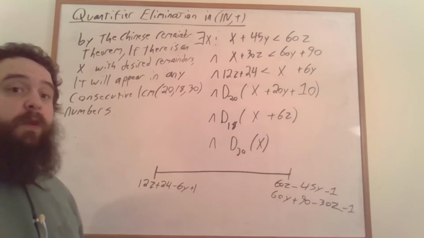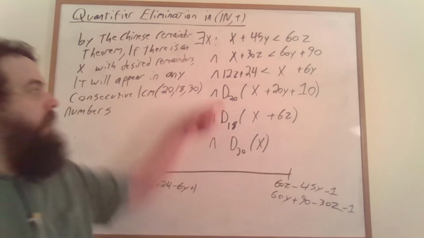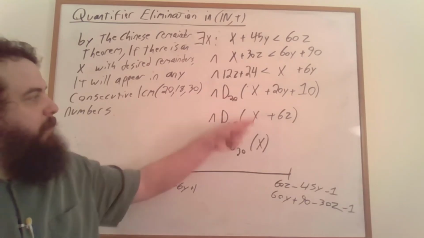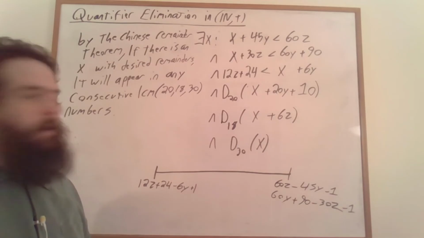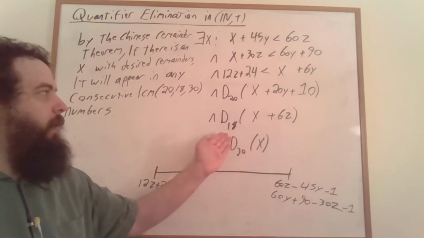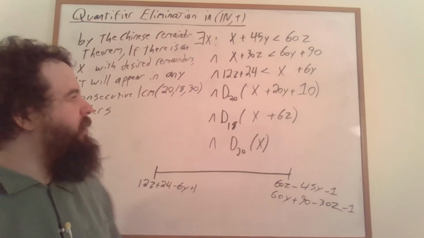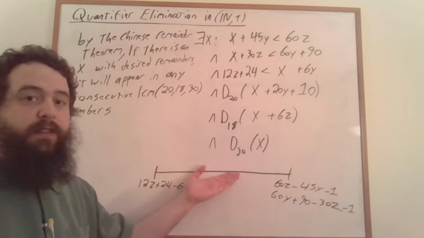So again, we're looking for some value of x within this range here that has these specified remainders when we divide. That x is congruent to -6z modulo 18 and congruent to -20y minus 10 modulo 20 and congruent to 0 modulo 30.